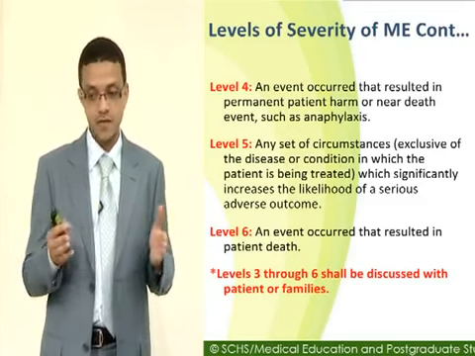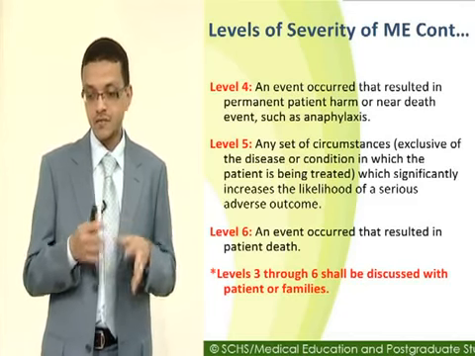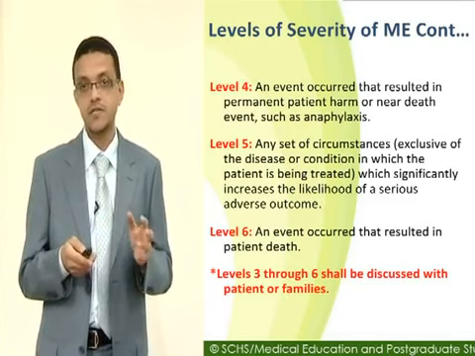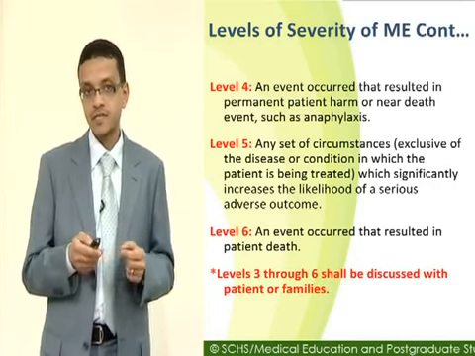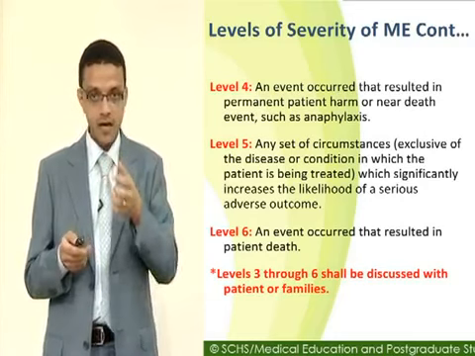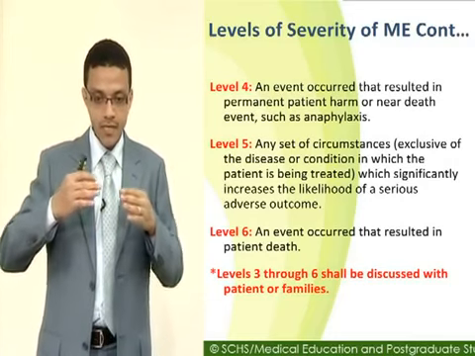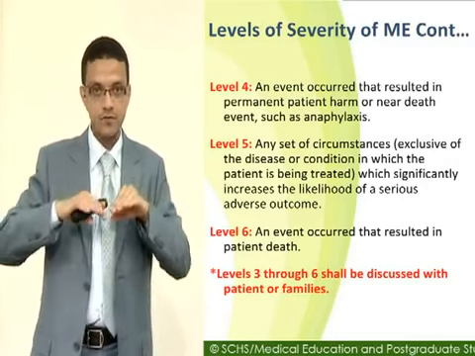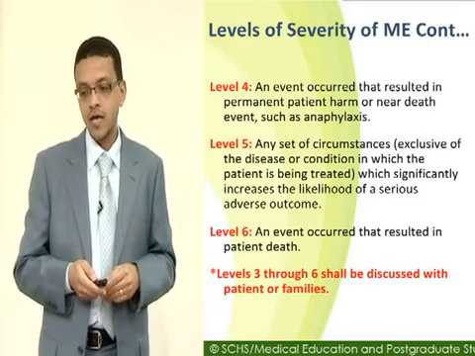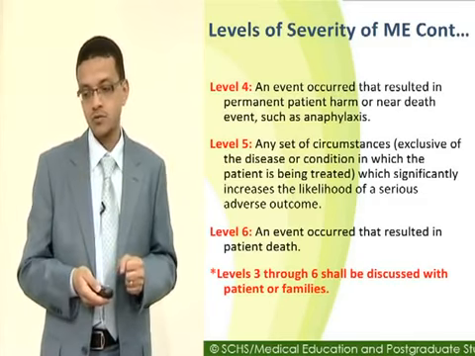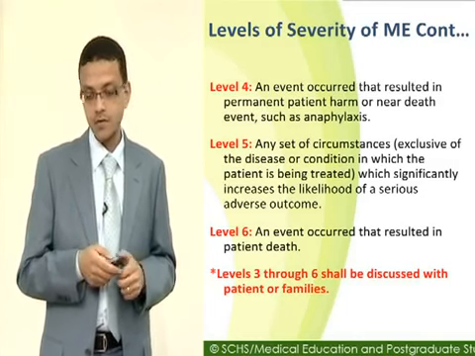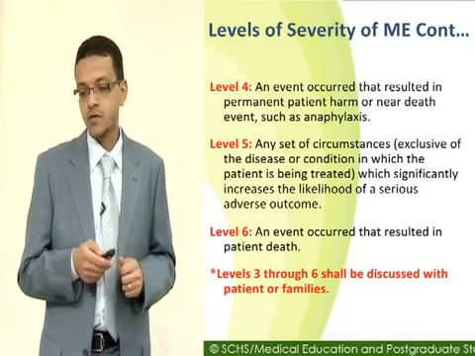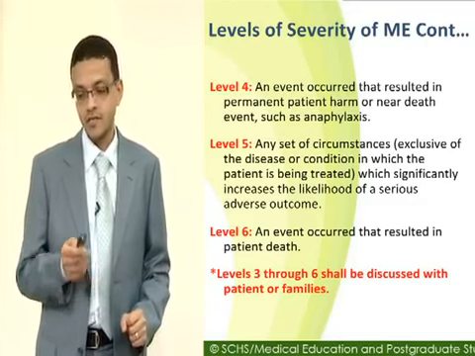Level 5: any set of circumstances which significantly increase the likelihood of a serious adverse outcome. That is to say that at this level, it's a set of conditions that could increase the likelihood of a serious adverse event. Level 6 is the worst indeed. It's an event that resulted in patient death.